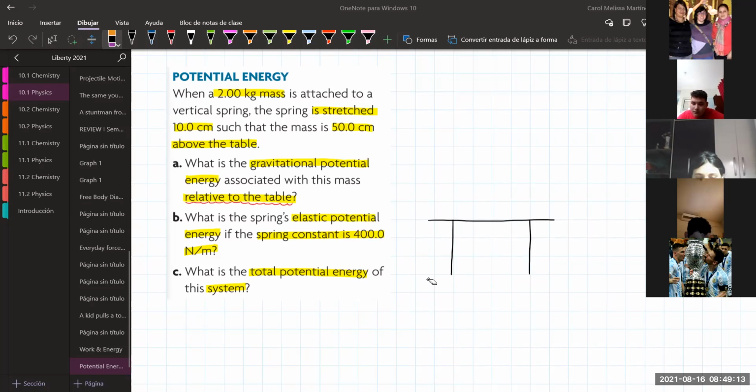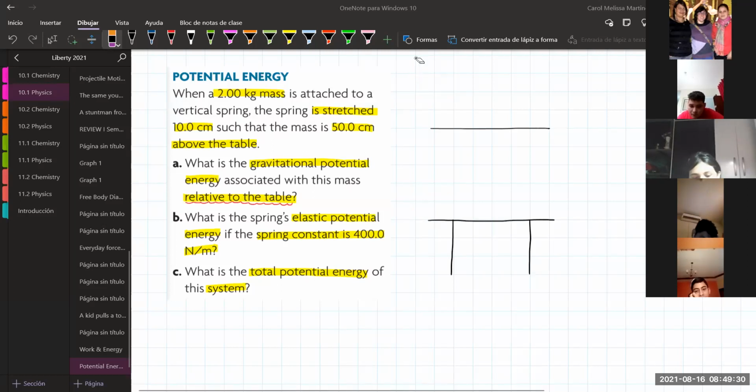Now above the table I have the spring. Okay. This spring is coming probably from the ceiling or whatever structure that is above the table. So I have my spring like that. Okay. So this is the initial situation.